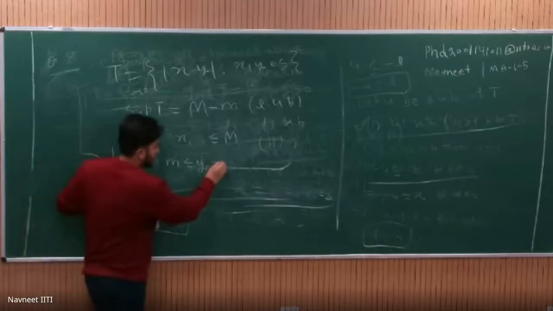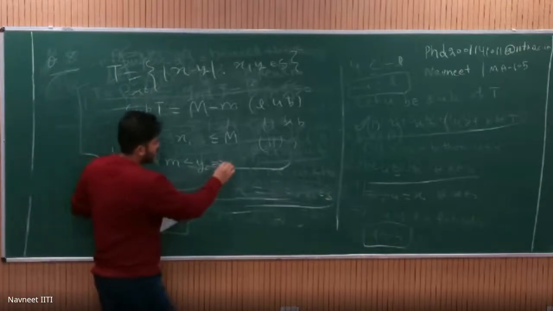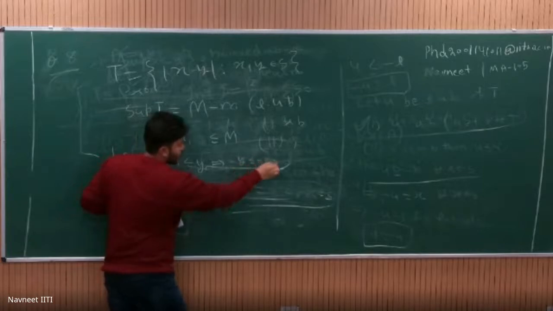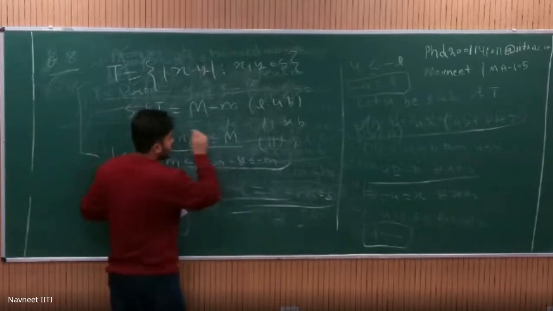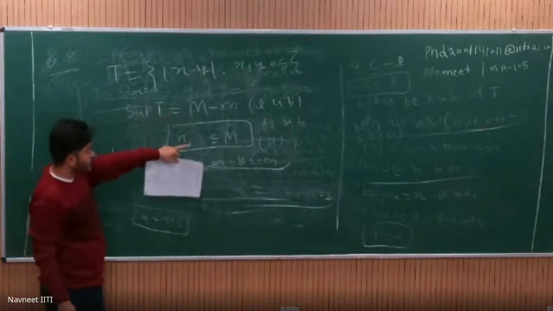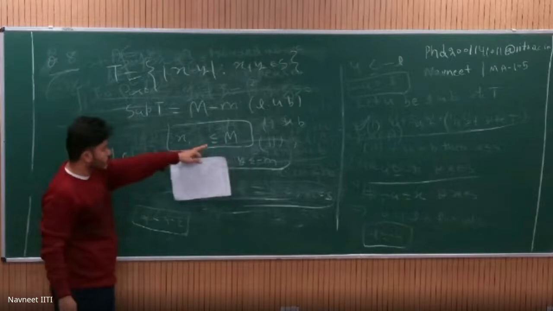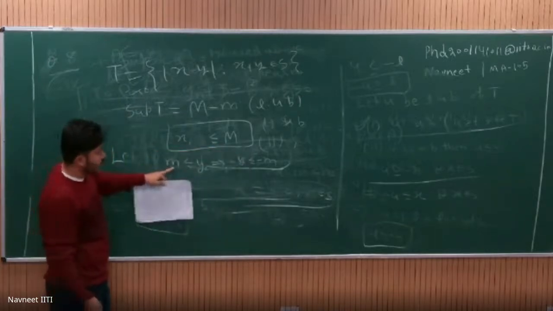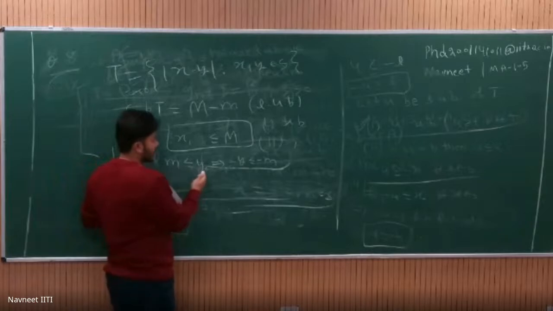This means, multiplying both sides by minus, you get minus y is going to be less than or equal to minus small m. Then add these two. I'm just using a property of upper bound, because if capital M is the supremum, it should be greater than all the elements. It's also an upper bound, right? And this is a lower bound also. That means m is less than or equal to y.